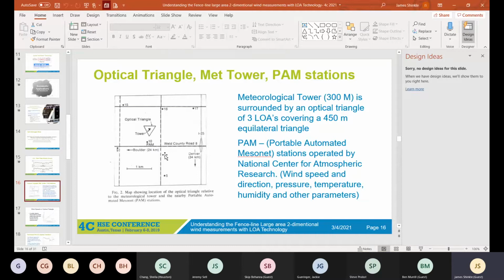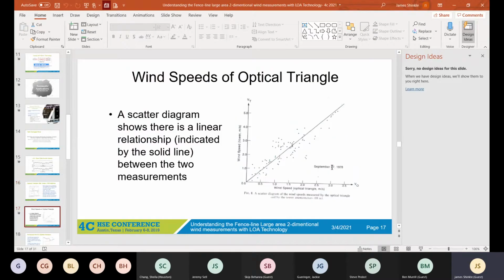We also had a bunch of PAM stations in this area, portable automated mesonet stations operated by the National Center for Atmospheric Research. They measured wind speed, wind direction, pressure, temperature, humidity, and a few other parameters. So we're comparing all of those in this study.